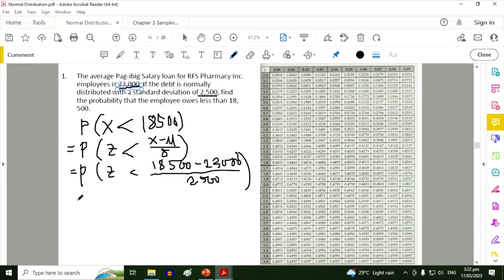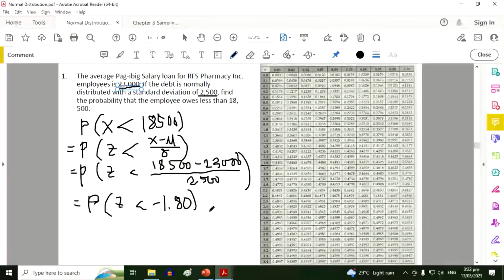So using your calculator, we have negative 1.8. So the probability of Z less than negative 1.8. If we draw this curve, we have the mean, which is 0.